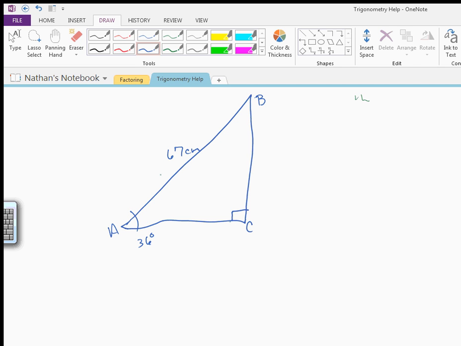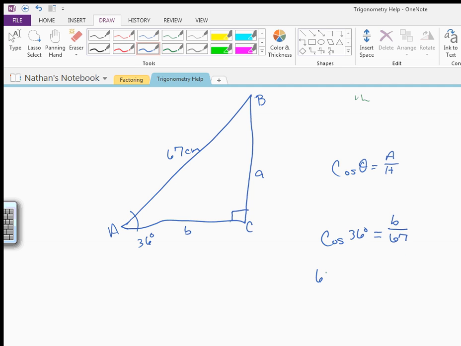Well, we have a hypotenuse, we have this adjacent angle and we have an opposite angle. The cosine function actually has the adjacent over hypotenuse. So we can use that one in this case. So cosine 36 degrees equals adjacent, we have no clue what that is, but 67 we know is the hypotenuse.